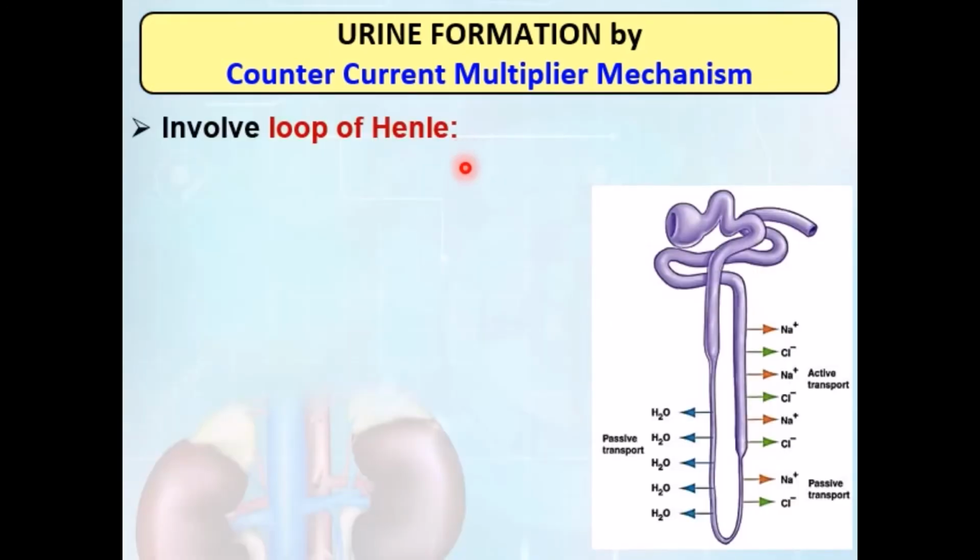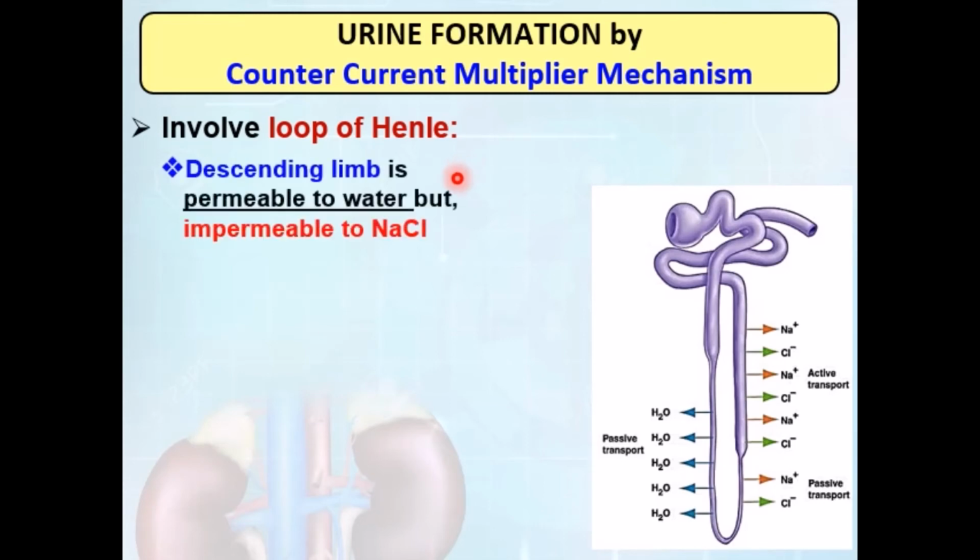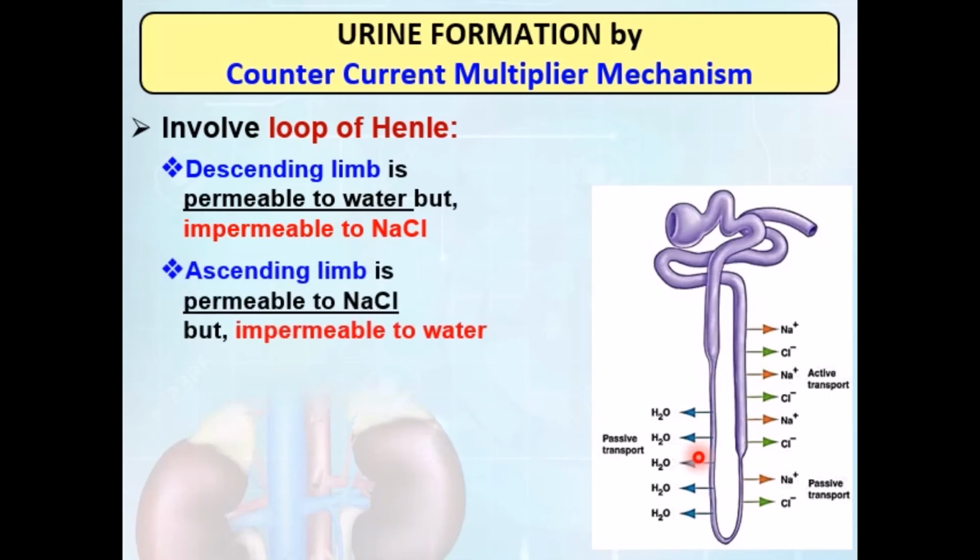The loop of Henle has two limbs. First, the descending limb that is permeable to water but not permeable to NaCl, and the ascending limb that is permeable only to NaCl but impermeable to water.